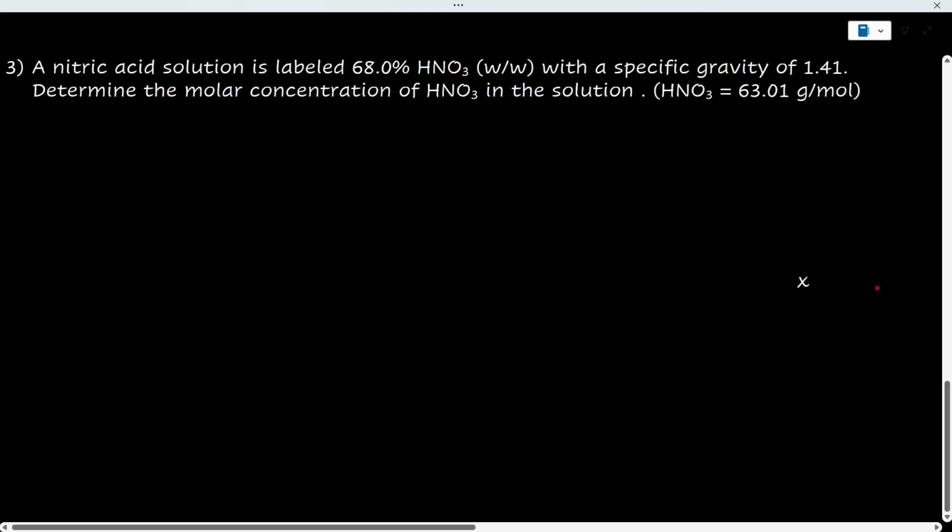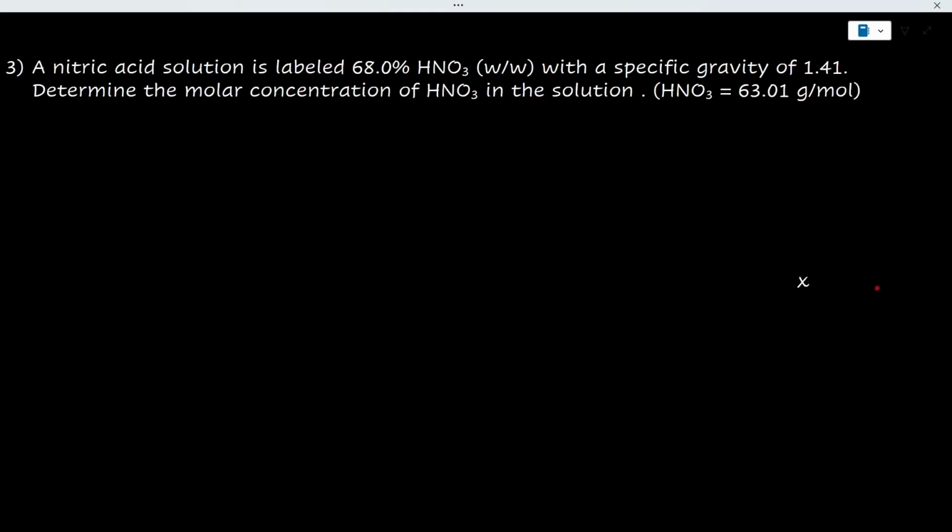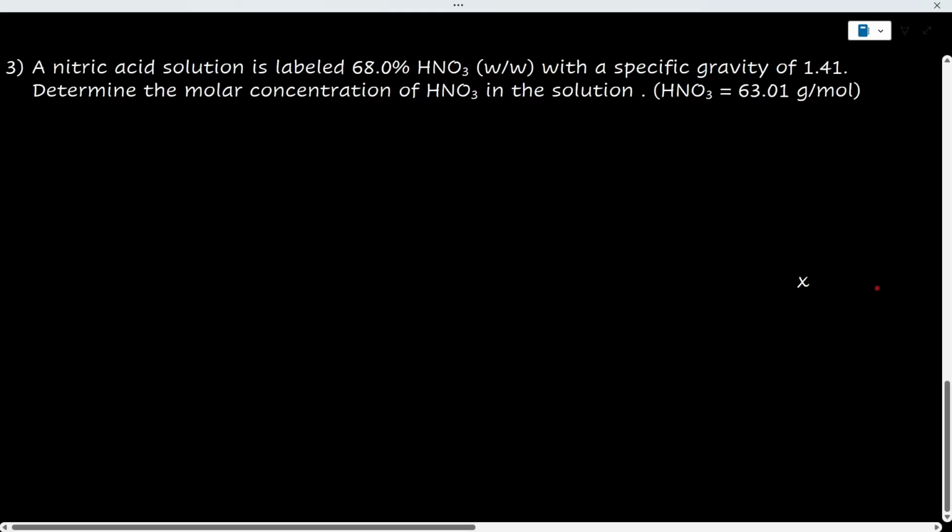Okay, so this is the same as number 1. We have a nitric acid solution that this time has a different mass percent. So this can be the case. We have different manufacturers of acids, and so they may have different labels as well. So it's important to understand how to solve its molar concentration.